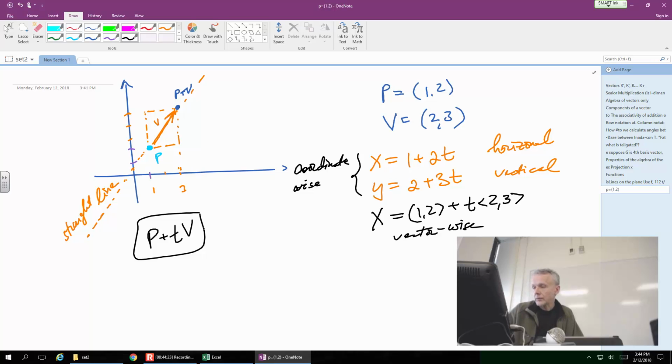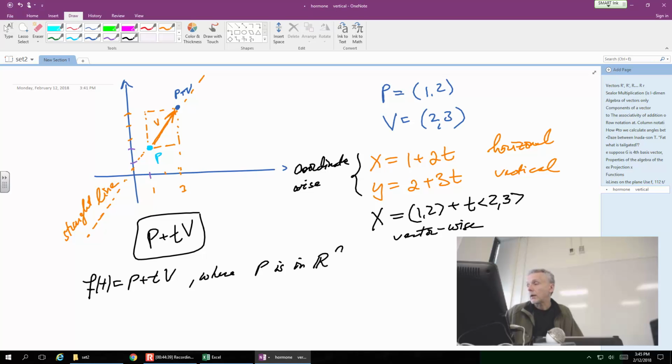Okay, so the technical terminology: in that representation, f of t is equal to P plus tV, where P is in Rm actually, the way we did it, and V is in Rm too, only it is a vector.